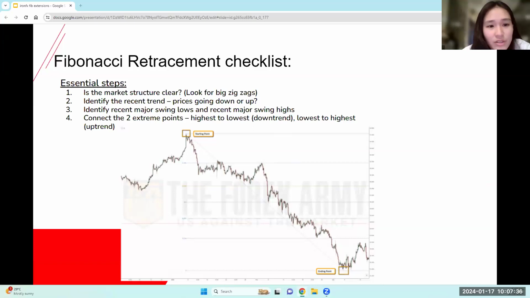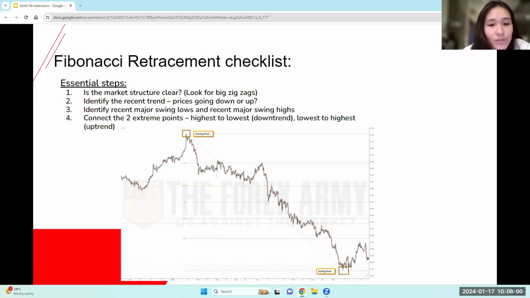So here's our recap on last week's Fibonacci retracement. A very simple checklist to follow when you're first starting out with Fib retracements. Firstly, is the market structure clear? We want to look for big zigzag patterns, and we'll show you some examples in the coming slides.